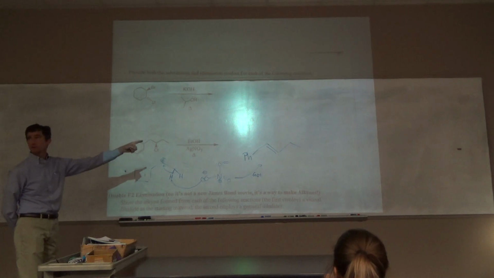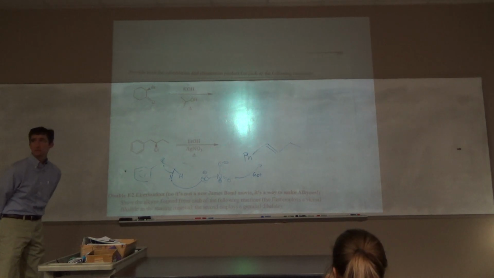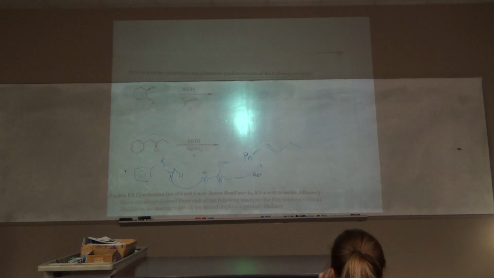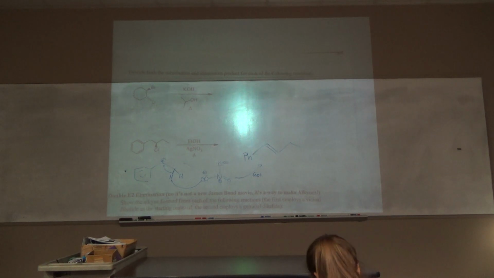Is that the right product over there? Is that the right stereochemistry for the product? What does your textbook say about the stereochemistry of E1? Is that what your textbook says? Because sometimes there's a little variation. How does your textbook discuss E1 elimination?